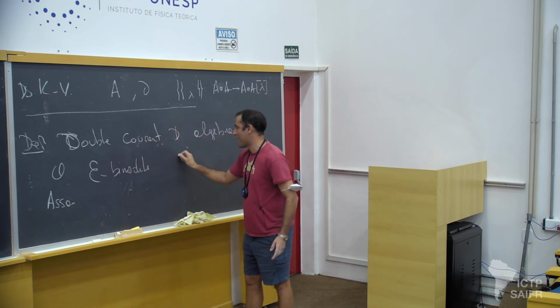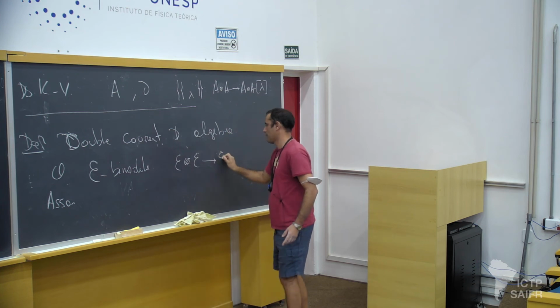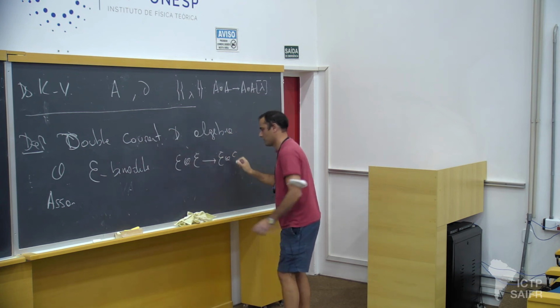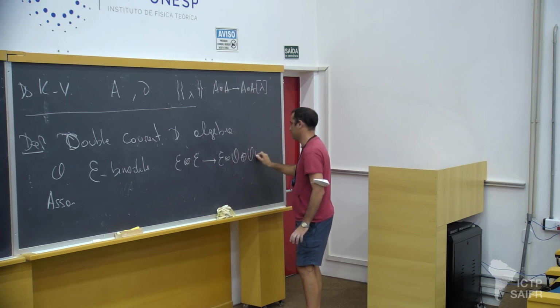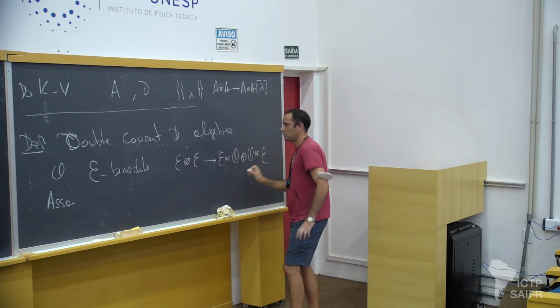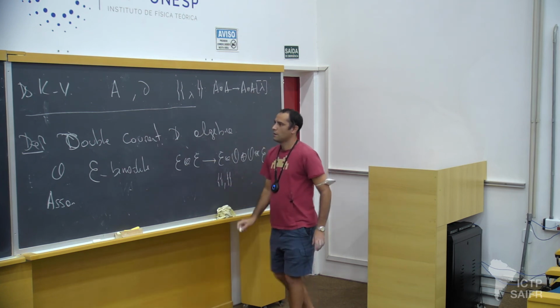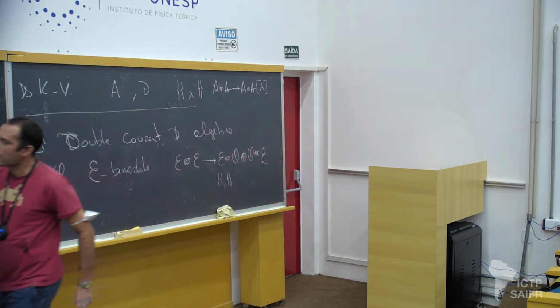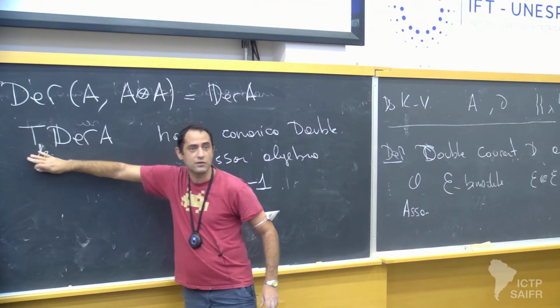Now I want to have the action. So I would want to have a double bracket to E tensor E. Well, actually, the double bracket lands here. So this is the double bracket. That's why you need to take the tensor algebra of derivations. If I only take derivations, that doesn't have a Lie bracket. The tensor algebra does.